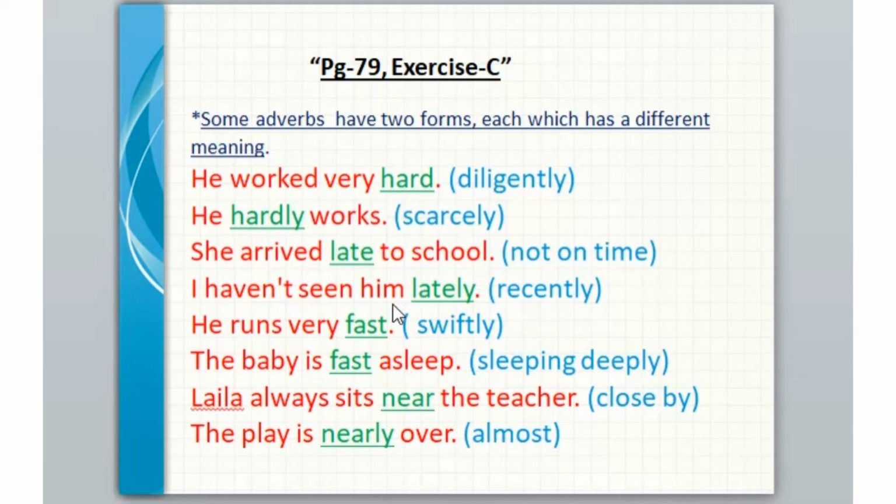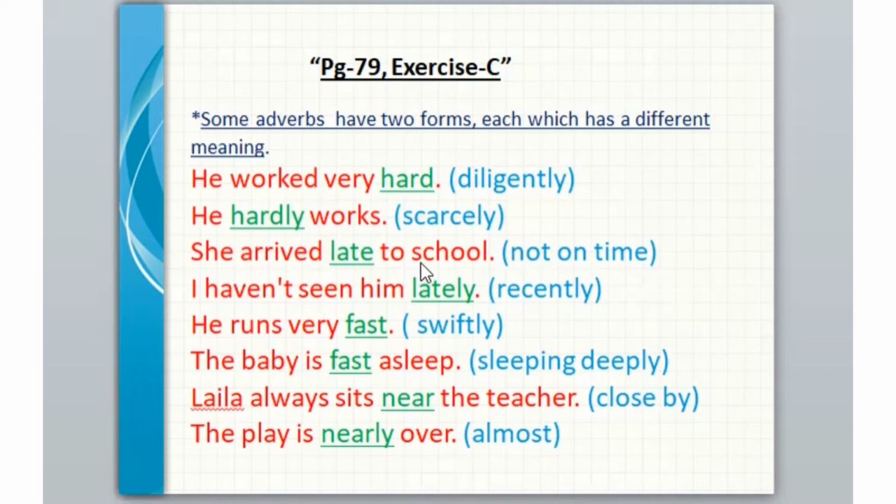Now let's come to our next example. She arrived late to school. Arrive is our verb here and late defines this verb. We all know the meaning of late, which means not on time, not punctual.